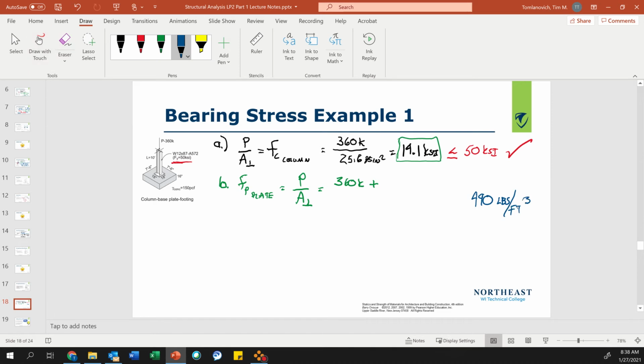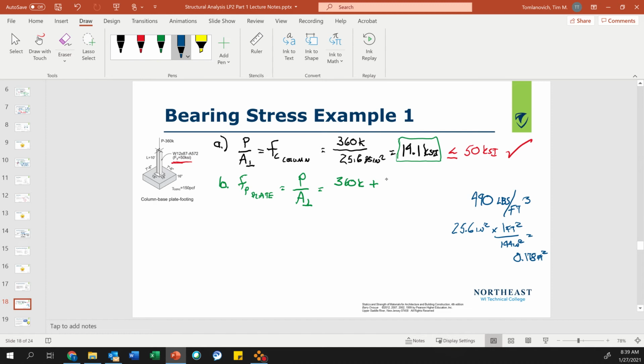Okay, so we have an area of 25.6 square inches times 1, we got to get this in square feet, equals 144 square inches, because 12 times 12 is 144. So I'm going to take 25.6 and divide it by 144, and I get 0.178 square feet.